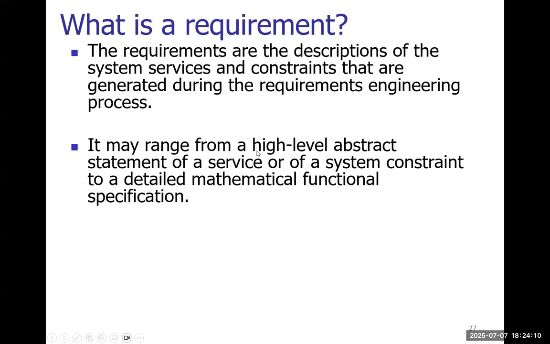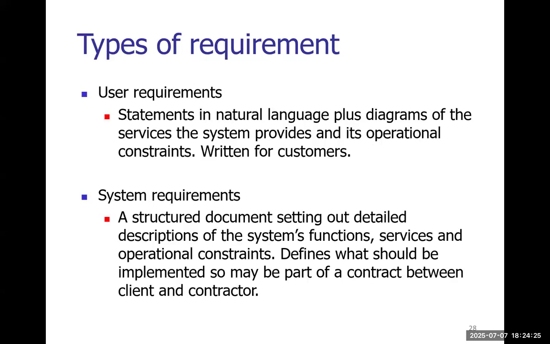They may range from the high level to the detail level. Requirements start from the high level, which we call the user requirement, and go to the detail level, which is the system requirement. The user requirement is very brief, from the user's point of view, written by or for the customer, so it is very general.